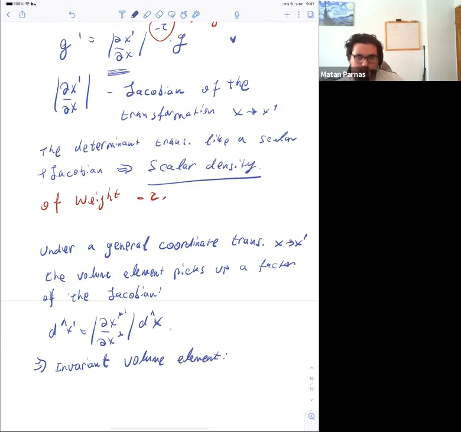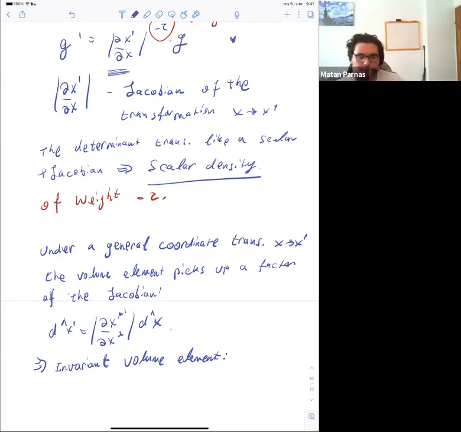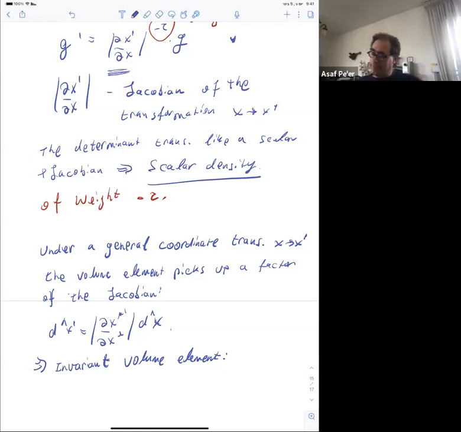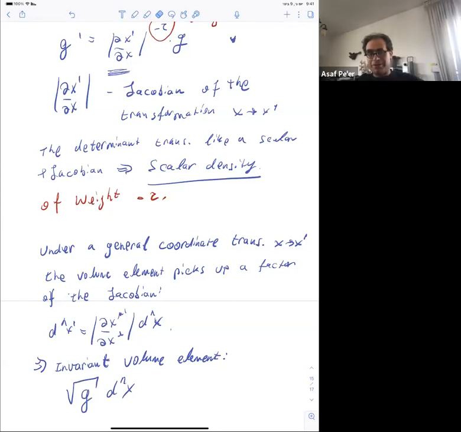How? By dividing by the Jacobian, no? Yes. But what does dividing by the Jacobian mean? It would be the inverse matrix. Yeah. So what do I do? Dividing by the Jacobian is just multiplying by the square root of the determinant of the metric. Right?